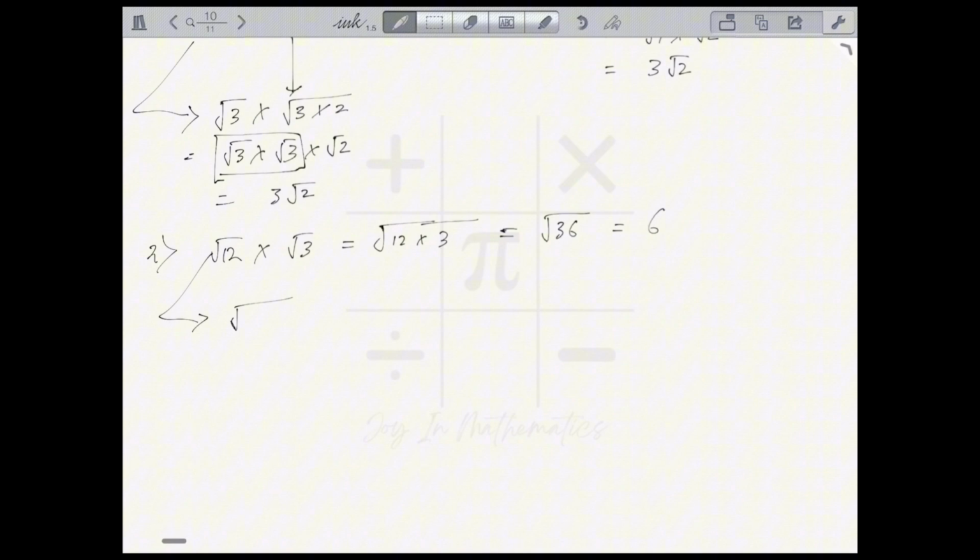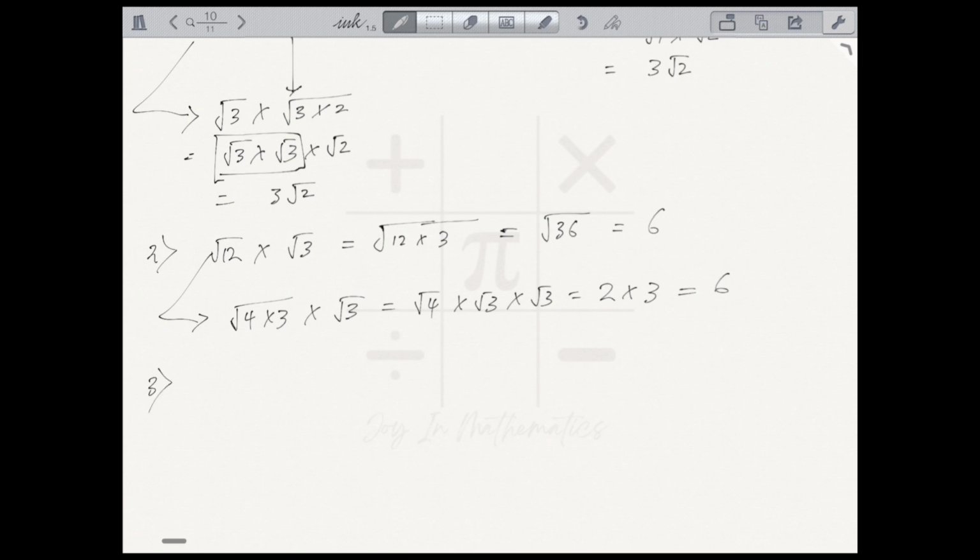This will be root 4 multiplied by 3, multiplied by root 3. Applying the multiplication law of surds here, this will be root 4 multiplied by root 3 multiplied by root 3. Now root 4 is 2, root 3 multiplied by root 3 is equal to 3, and this will be 6. So we have 6 here and likewise 6 here.